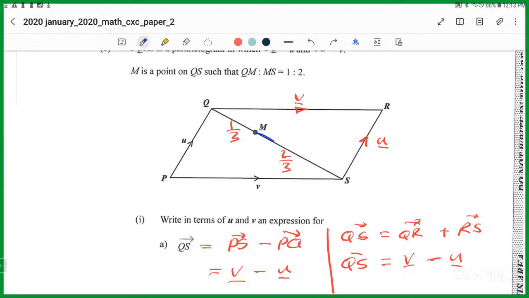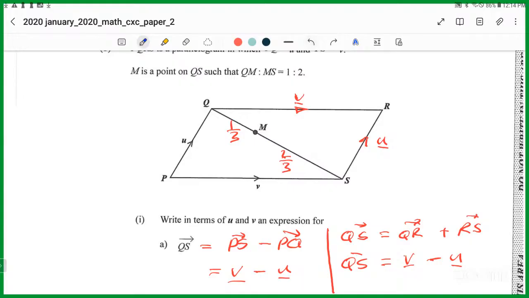Let's do the way we'll come down here first, and then go up here, which is my preferred way. Why is that my preferred way? Because I am going in the same direction as the QS vector that we know. I prefer to travel in the same direction as the vector that I know. Alright? Because when you go in the opposite direction, you have to introduce the negative.